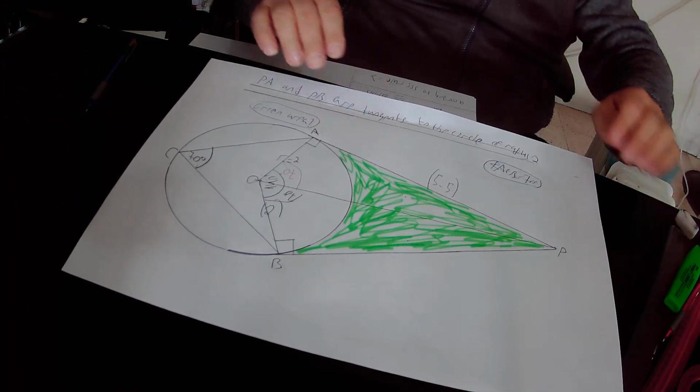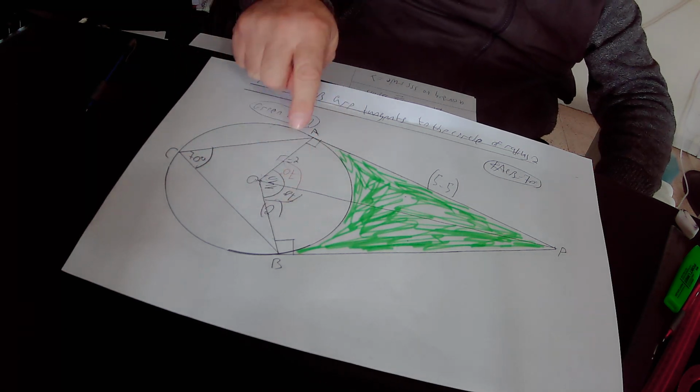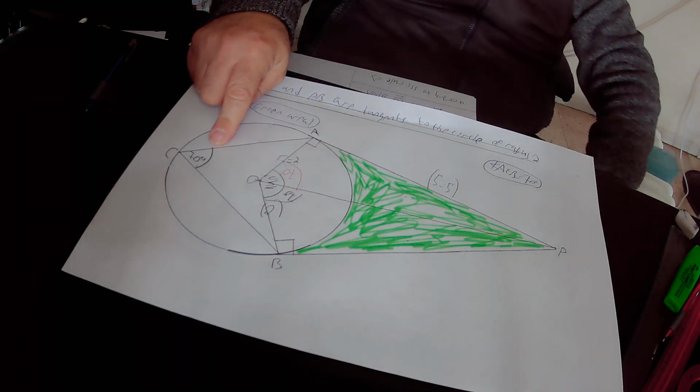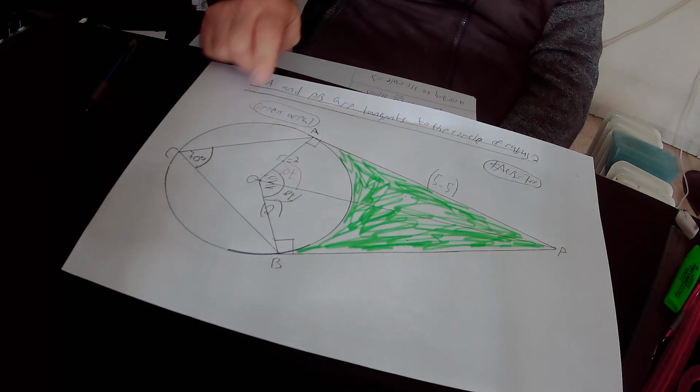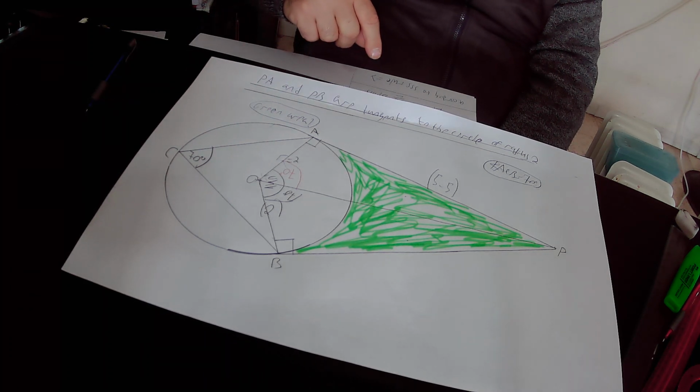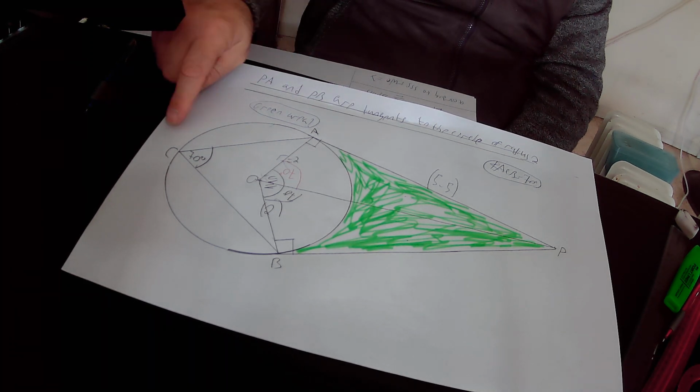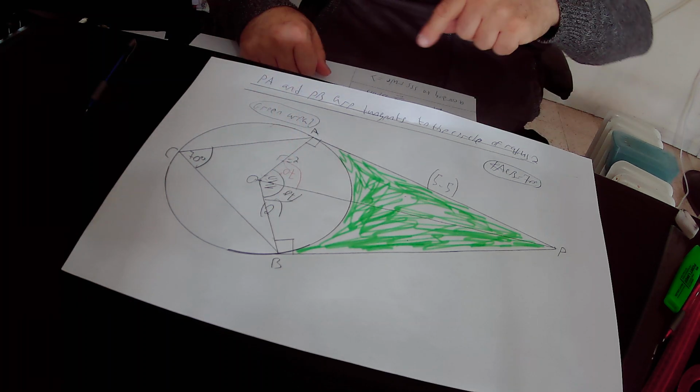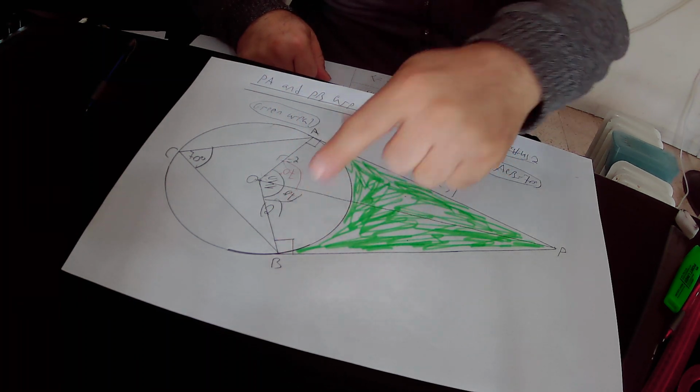We can actually implement rule 13 in our drawing. Why? Because in our drawing we have peripheral angle ACB, equal to 70 degrees, subtended on arc AB.